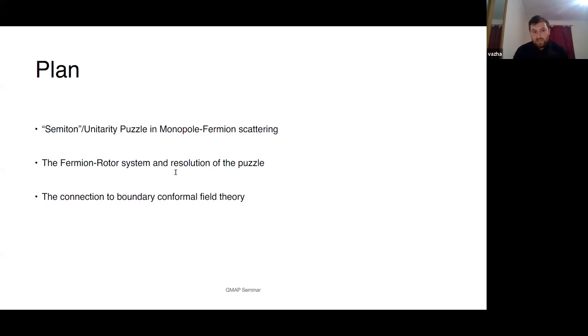After all this, I will make a connection to another resolution of the puzzle that was introduced in the framework of boundary conformal field theory. Basically, we will show that in the IR, the Fermion-Rotor system flows to a boundary conformal field theory, and it provides its UV completion. But before going there, why do I care about these problems?